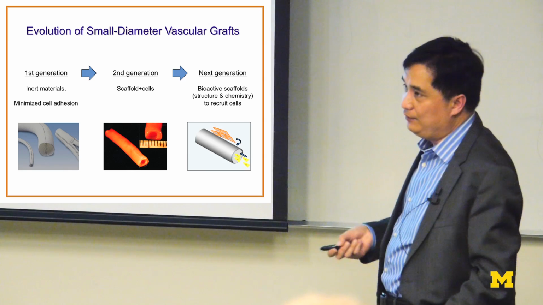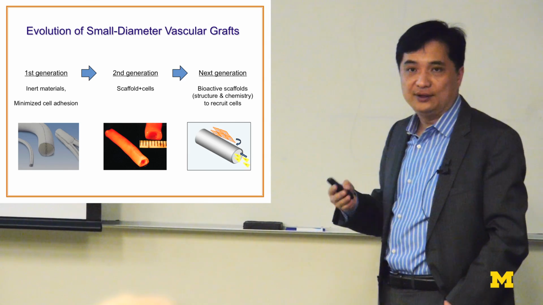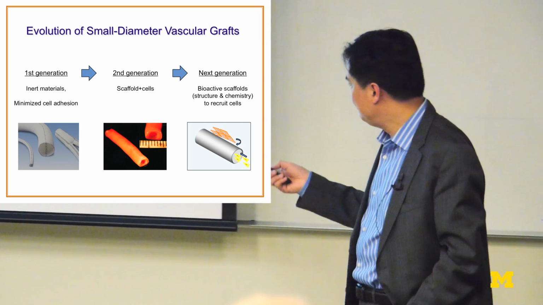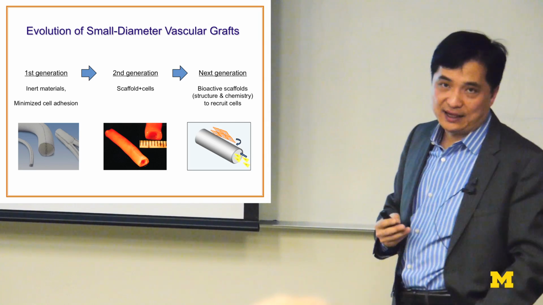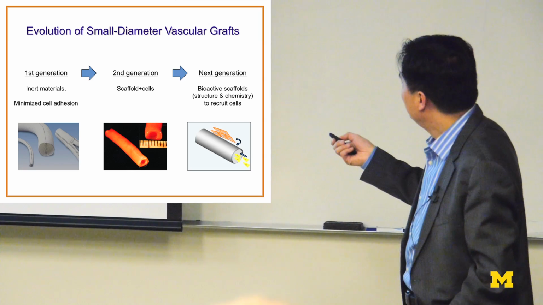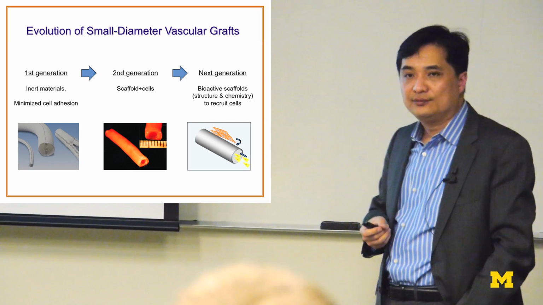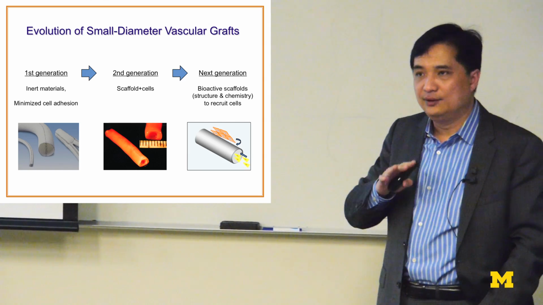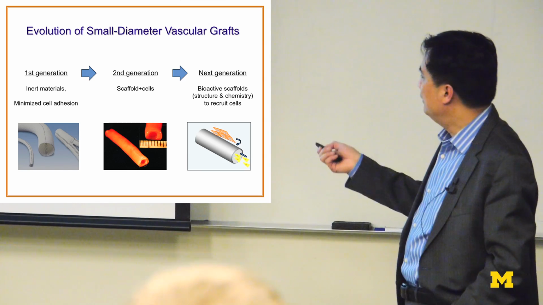And this never reached the market, even though it has been done in different research labs and even in some preclinical trials. In the next generation, we think it will be the bioactive scaffolds. These scaffolds will have the right structure and chemistry, not only to prevent thrombus formation, but also to enhance the recruitment of stem cells, which can help the remodeling of the vascular graft.